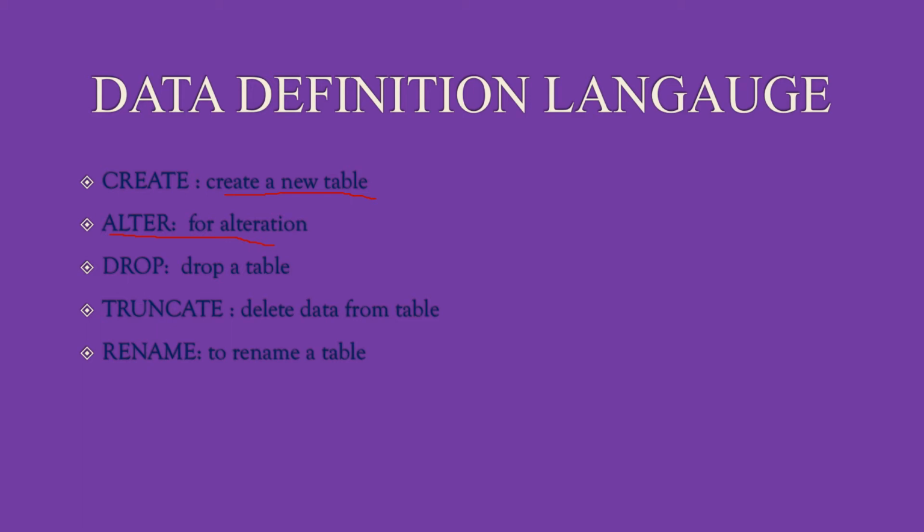The third one is drop, that is used to drop a table. Another one is truncate, that is used to delete data from a table. And rename is used to rename a table. That is, we have to change the name of an existing table. So these are the 5 commands under the category of data definition language or DDL.